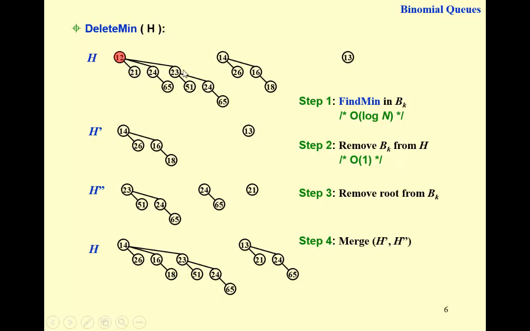What is the number of children for B_k? It's k. So what is the worst case of this k? Log n, right? In the worst case, B_k can be the largest tree in the forest, and that k can be as large as log n. Now to merge, we have already analyzed that the complexity is log n. So putting them all together, the overall complexity would be log n.